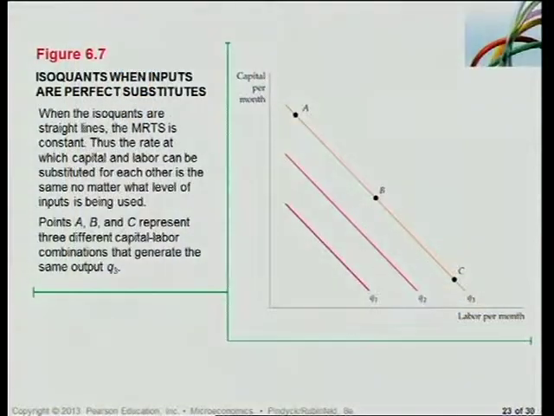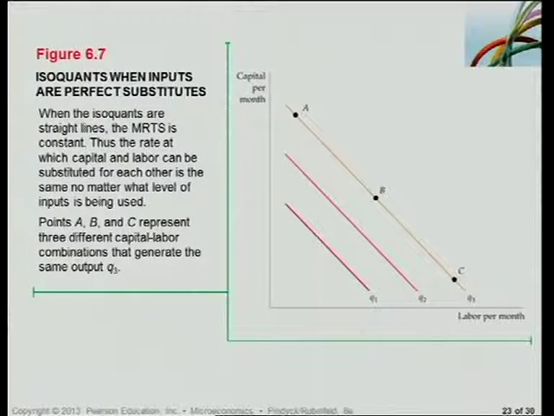Now, if you look at where inputs are perfect substitutes, then the isoquants are illustrated by straight lines. Now, what is the reason for that? You can see isoquant Q1. There are three isoquants in this diagram, and you have to be able to draw it, and it's not difficult to illustrate it.